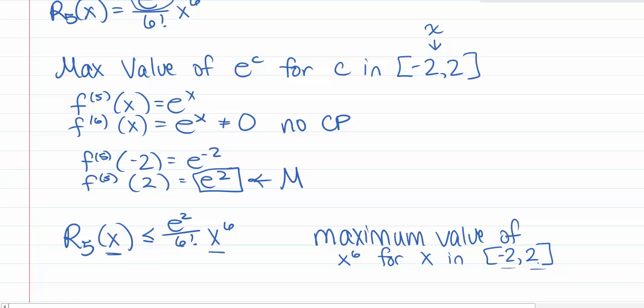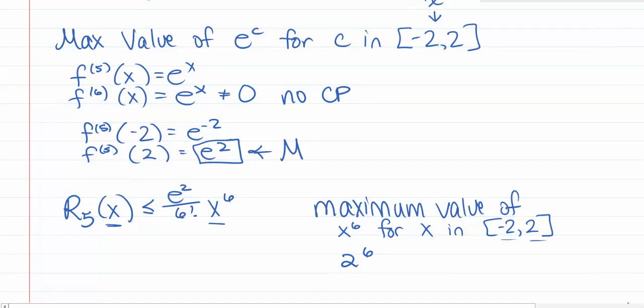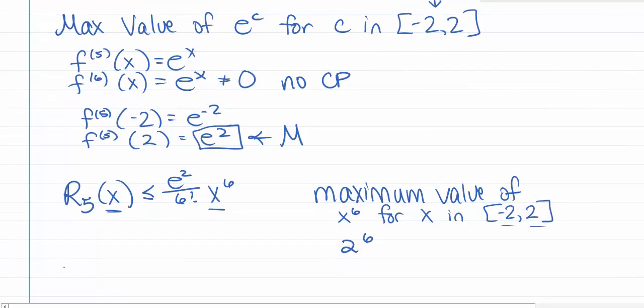But again, you could do the same test that we did before. If you really wanted to, you could take the derivative of x to the 6th, look at the critical points and the endpoints, and determine that the maximum value is going to be 2 to the 6th. So now we can put that in too and say that r sub 5 of x is less than or equal to e squared over 6 factorial times 2 to the 6th.